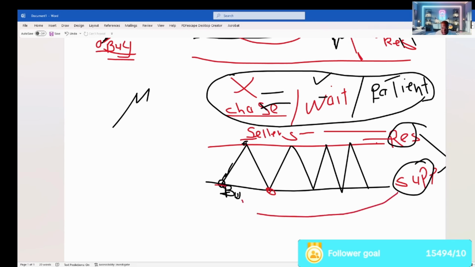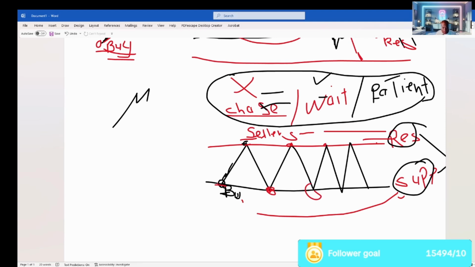Buyers have been waiting at support, and sellers have been waiting up at the resistance. So therefore, the stock has been going from support to resistance, back again to support, up to resistance, back to support, and back up to resistance.